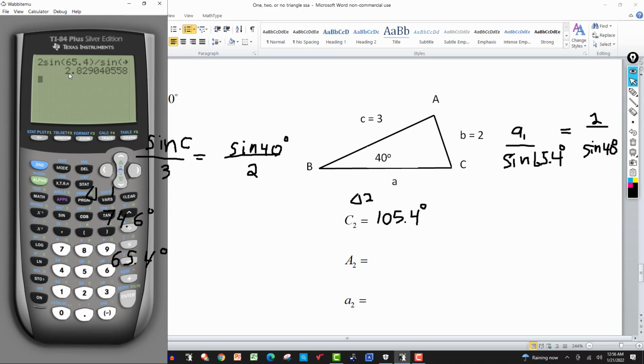So I get that A1 is 2.83. Run that out to two places, 2.83.